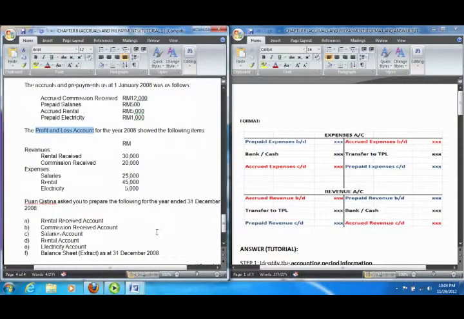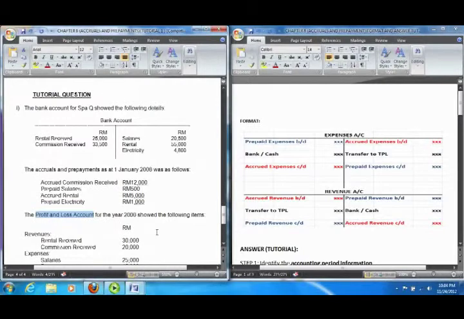So we have around 5 accounts that you need to open in this tutorial question. Class, give it a try. I will show you the answer in my next tutorial session on this chapter, accrual and prepayment.